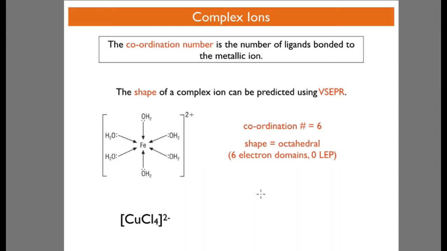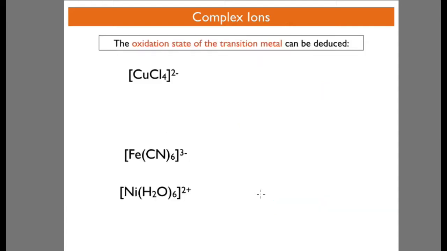It's got 0 lone electron pairs. This copper tetrachloride has a coordination number of 4. Its shape is tetrahedral. It's got 4 electron domains with no lone electron pairs.